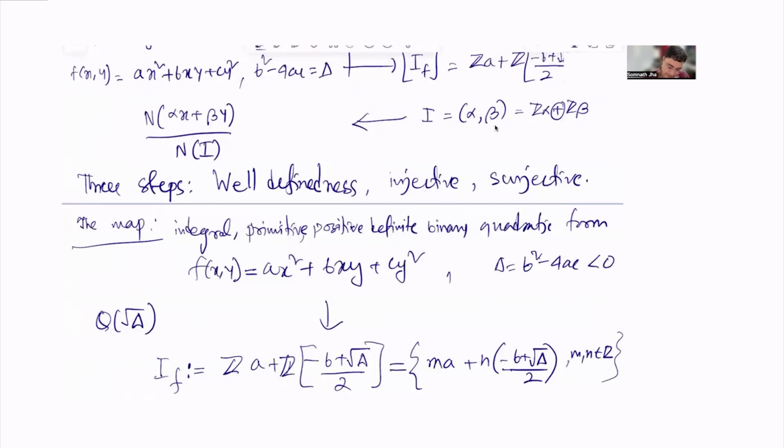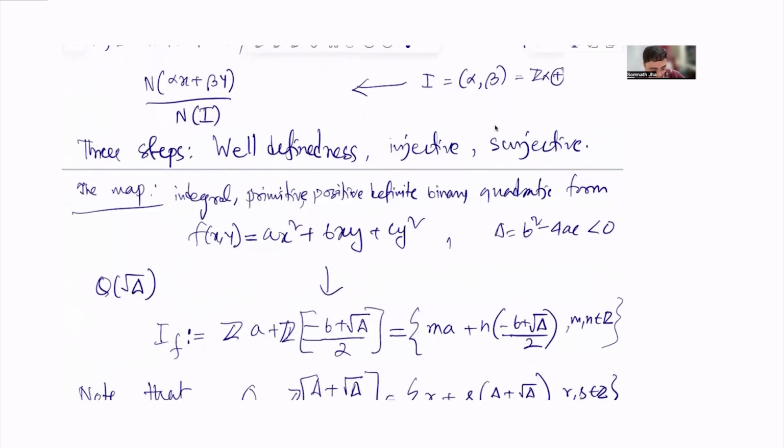On that you define I_f to be Z a plus Z (minus b plus root delta)/2. So you take this abelian group generated by a and (minus b plus root delta)/2. This is the set of all m times a plus n times this, where m and n are in Z.